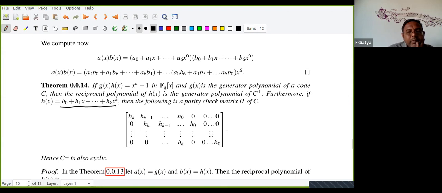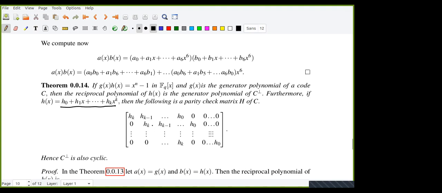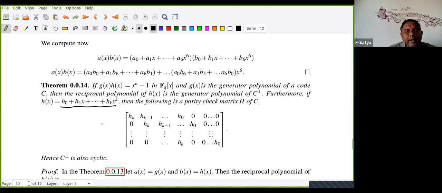Can you observe how the first row comes here? It is basically h of x, but the first column is the coefficient of the highest degree. Till now we were going constant term first, like h0, h1, but now we are going in reverse order. That is what I want you to observe.